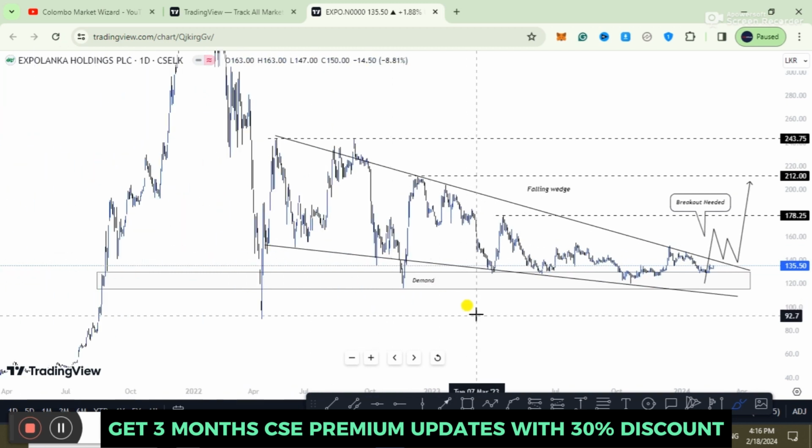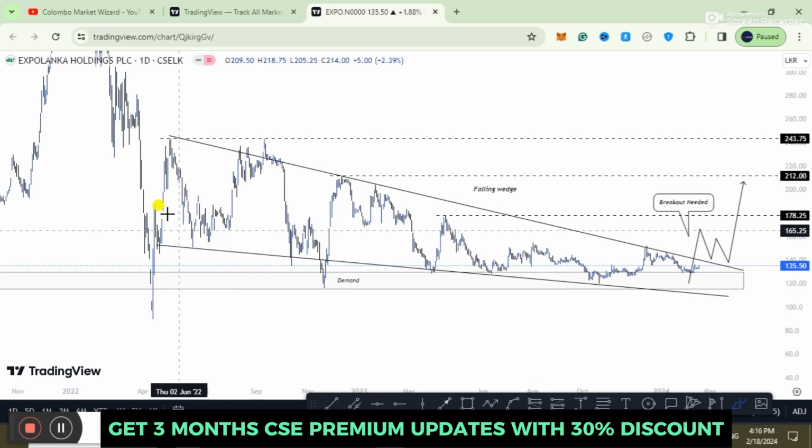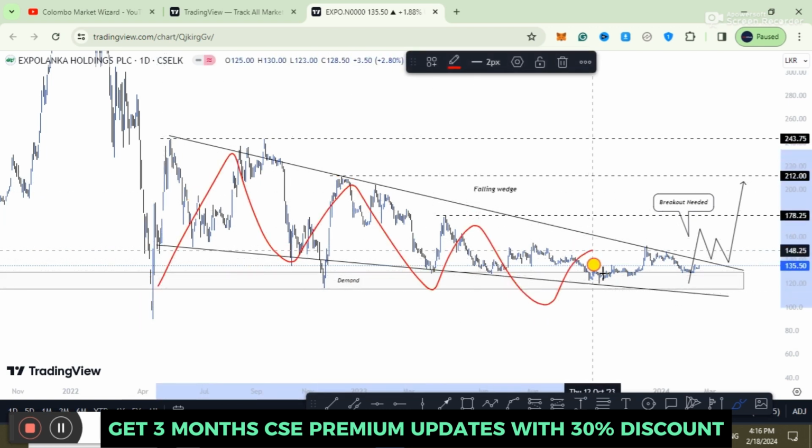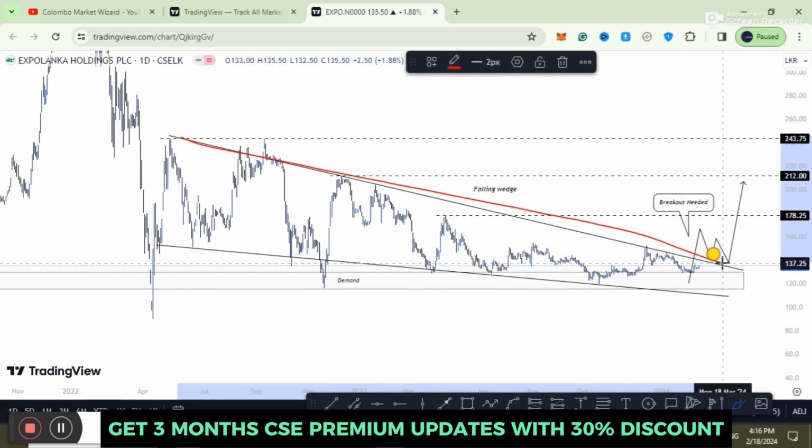And once we connect the lower highs that the price has created for EXPO Lanka, it is very clearly forming a falling wedge pattern or a descending triangle that is in play, right? So if we look at the price action, this is how the price has reacted. So these are the lower highs that we have connected, as long as this aligns perfectly inside a trend line.